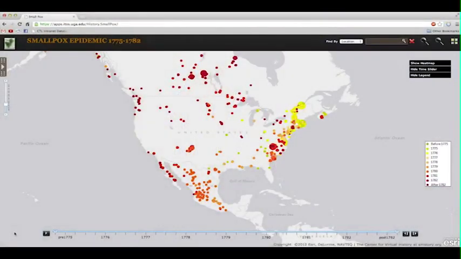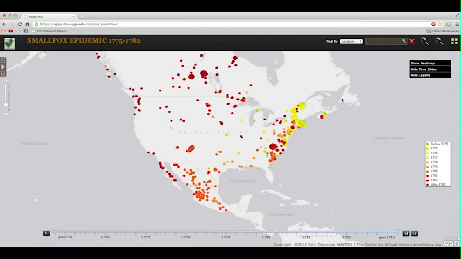So here's the overview. You can see the key here on the right-hand side. Basically, the green points represent 1775, moving through yellow, orange, and then red, and the darkest red points represent the post-1782 occurrences.